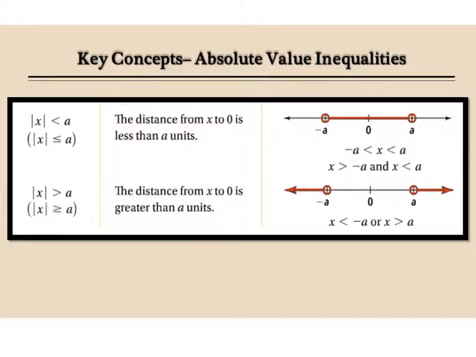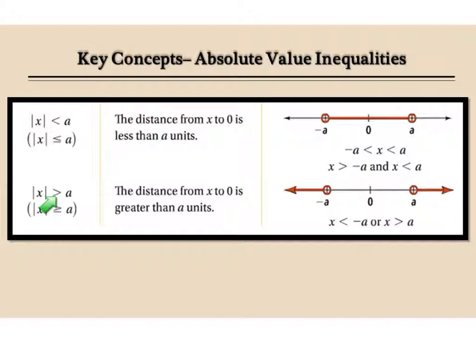When it is an "or", if the absolute value is greater than the variable, it is an "or", where we have 2 points and the arrows point away from each other, whether they're open circles or closed circles.